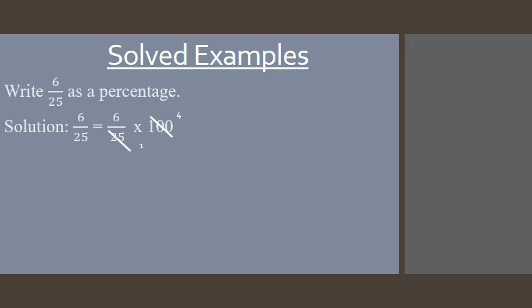Now children, in the numerator what is left? 6 multiplied by 4, and in the denominator only 1 is left. So we will write 6 multiplied by 4 is equal to 24%, and this is our answer. So 6 upon 25 is equal to 24%.